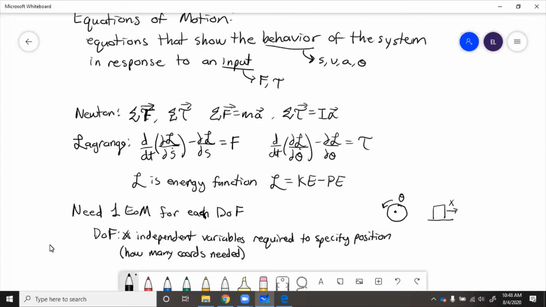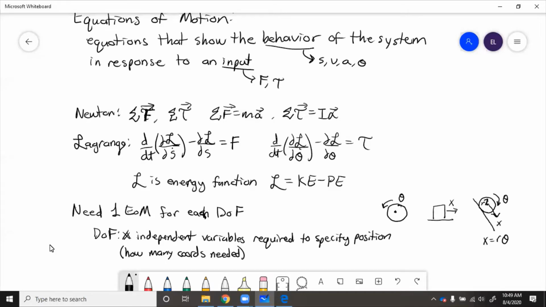Now, if you have, say, a wheel rolling down the plane and it's going, say that's the x direction, but it's also rotating with theta. Well, there's still only 1 degree of freedom because x and theta are related. So if this radius is r, x equals r theta. So we still only need 1 equation of motion for that.